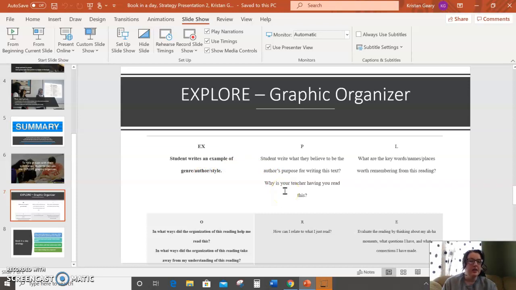The P, students write what they believe to be the author's purpose for writing this text. So why is your teacher having you read this? What's the point? L, what are the key words, names, places worth remembering from this reading? O, in what ways did the organization of this reading help me read this? Or in what ways did the organization of this reading take away from my understanding of this reading?